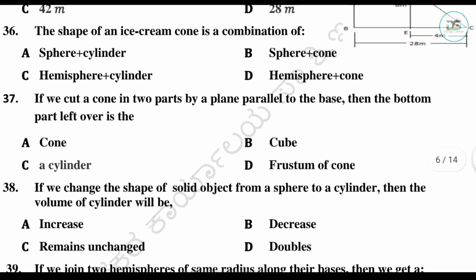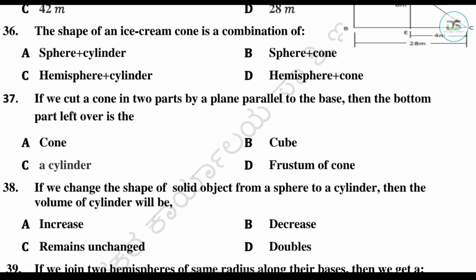The shape of an ice cream cone is a combination of, options are option A, sphere plus cylinder, option B, sphere plus cone, option C, hemisphere plus cylinder, option D, hemisphere plus cone. Here the right answer is option D, hemisphere plus cone. Next question.